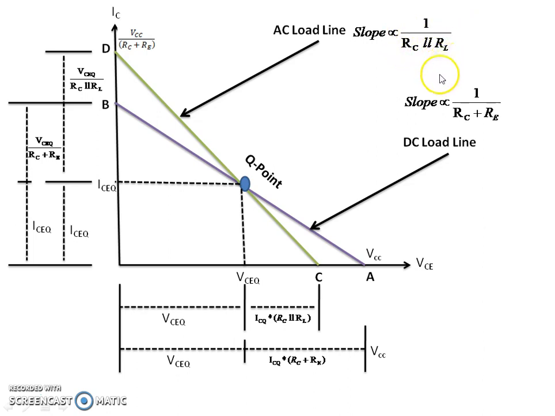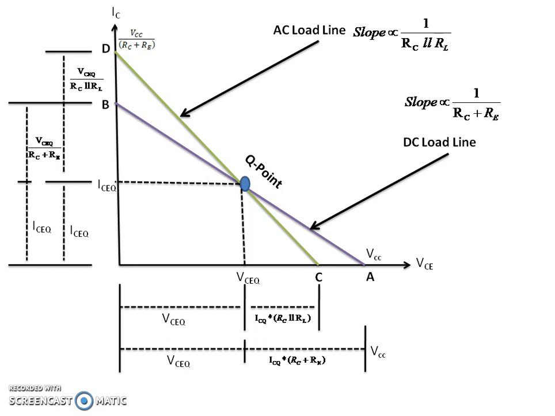Whenever we talk about a DC model or DC load line, RC plus RE will be in the picture, and whenever we talk about the AC load line, RC parallel RL will be in the picture. For the AC load line, we generally make the bypass capacitor short circuited, which bypasses the emitter resistor, while for the DC load line we keep the capacitor open, and that's why source and load are isolated.